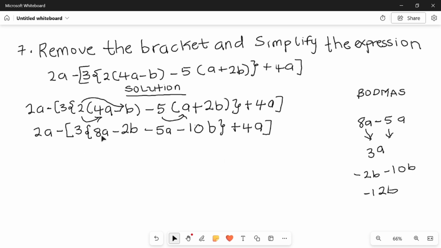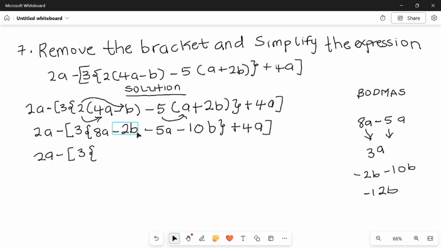So if we are to rewrite this, we'll have 2a minus 3 into, remember, we got 8a minus 5a to get 3a, so we'll write it here.